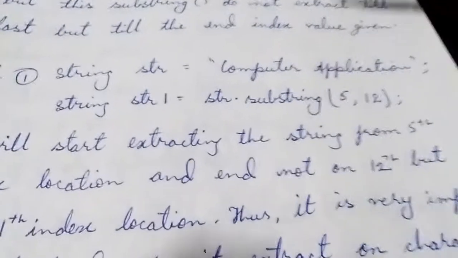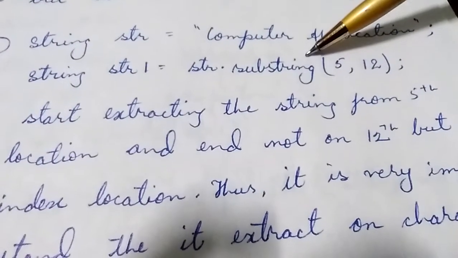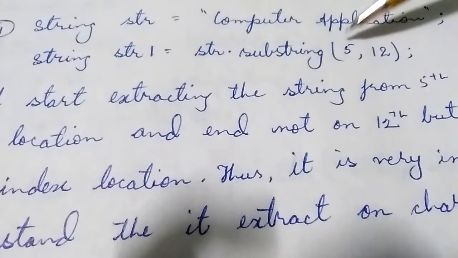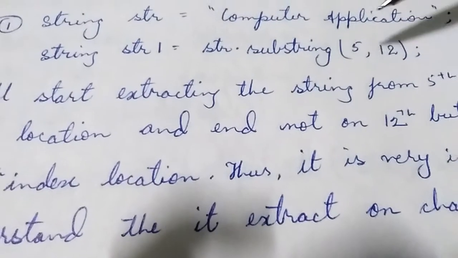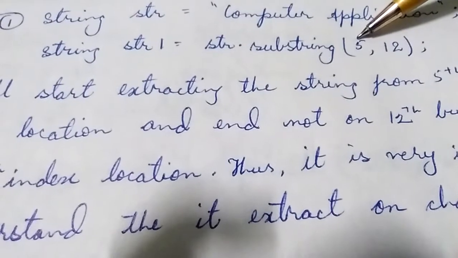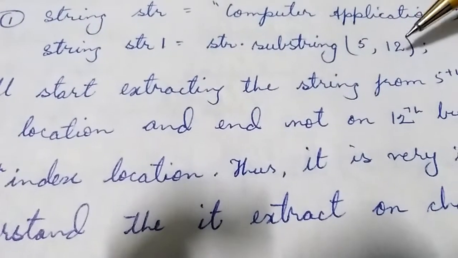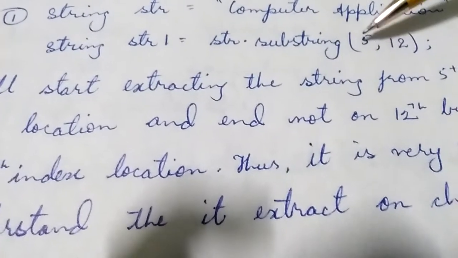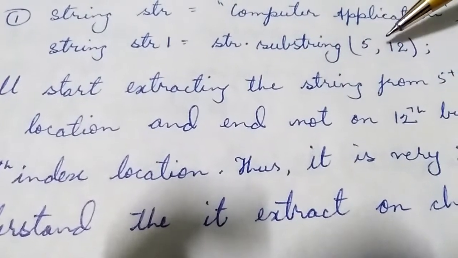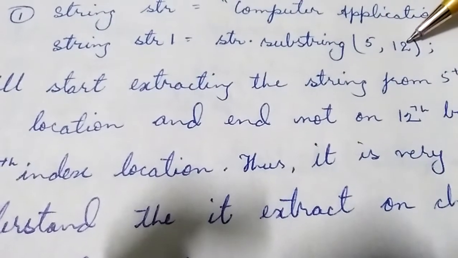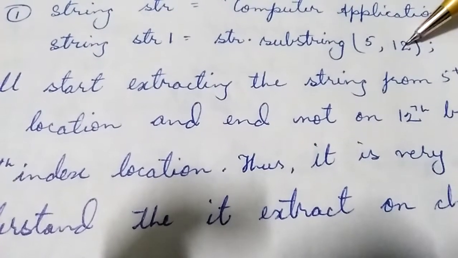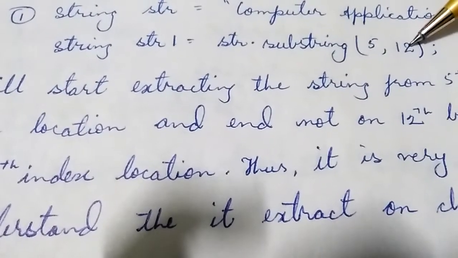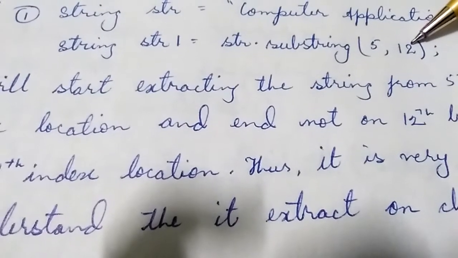I am repeating again: in the substring function, if the starting index location and the last index location are given, then it will start extracting from the starting index location and will stop one before the given last index location. So it will extract from 5 to 11. Always remember, one less is extracted. If 12 is given, it will stop at the 11th position.